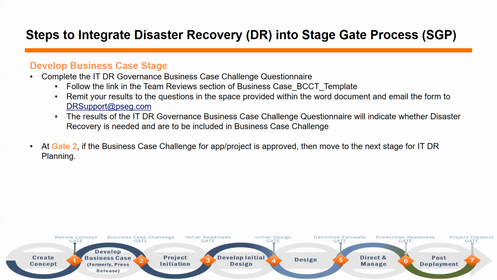There obviously might be additional information added there depending on the case, whatever the project is. Upon reaching gate 2, if the business case is approved and the DR review conclusion was to include DR planning in the project scope, then at project initiation stage, the ITDR governance team will work with the project team on next steps.